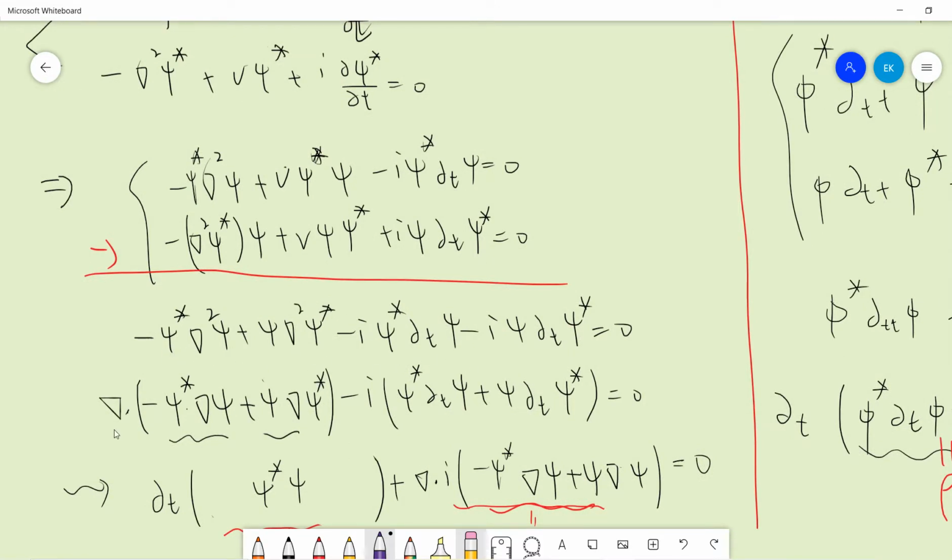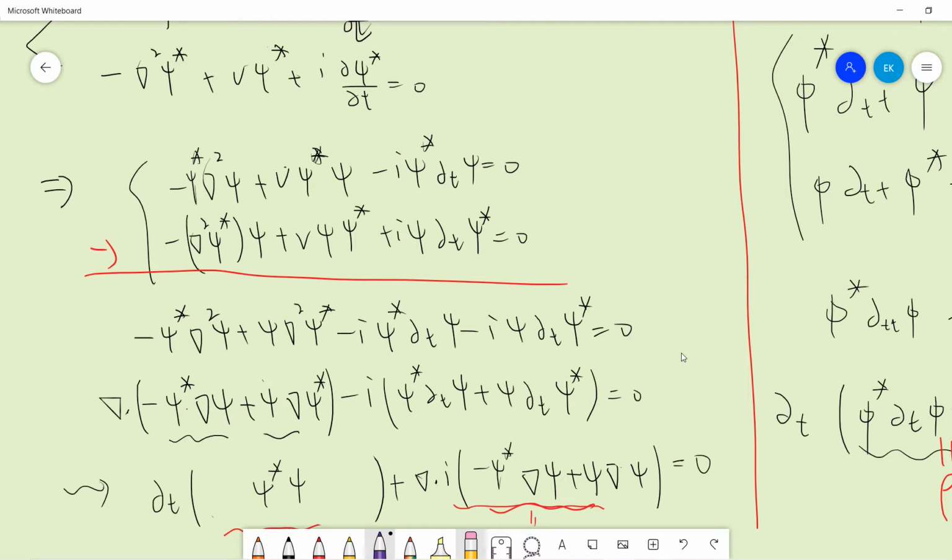And then you change it into the divergence of this, minus psi star dot gradient psi plus psi dot gradient psi star. So you can change it into this, and the minus i this. So these two terms are positive, so they are added together.